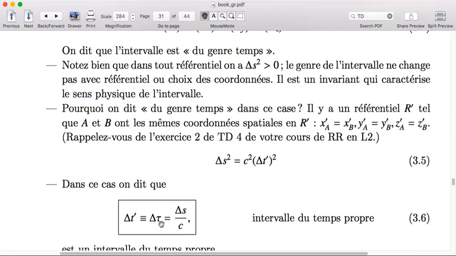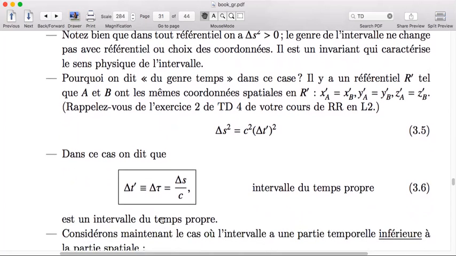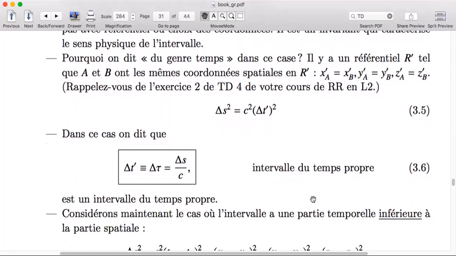Tau is the Greek letter, and this represents a proper time interval. Proper in English and in French here, meaning that it's the time measured by a clock that's moving with the reference frame.